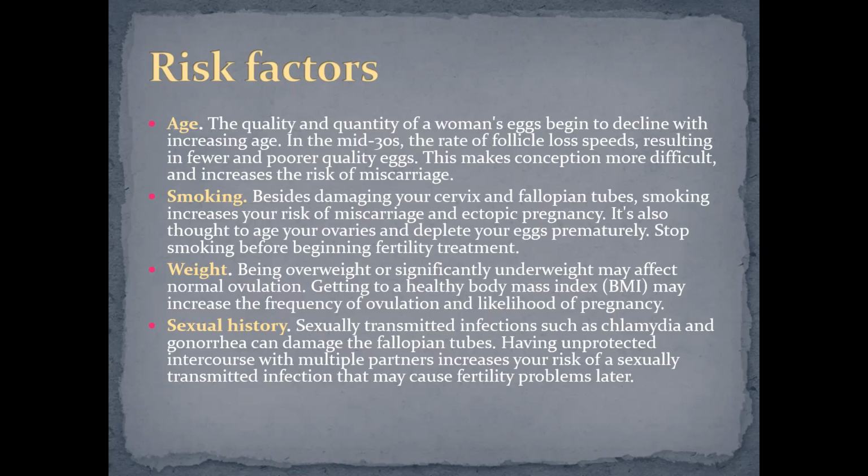And of course, early onset of sexual life and a great number of sexual partners increase the incidence of sexually transmitted infection and, as a result, increase the incidence of infertility.